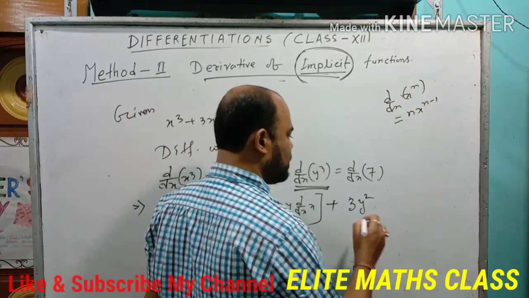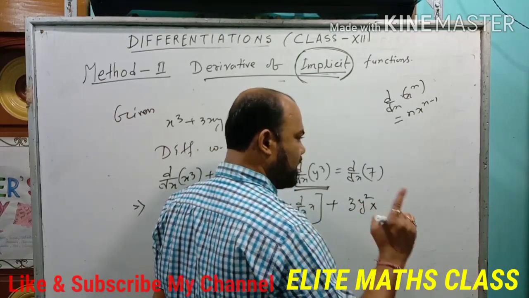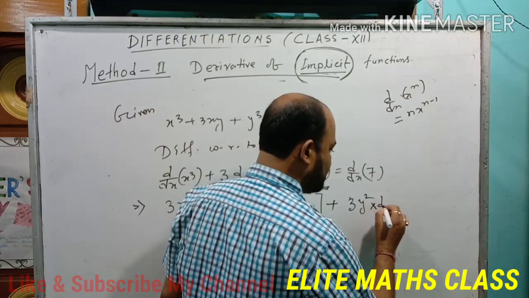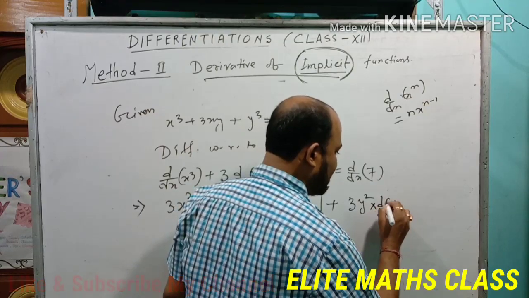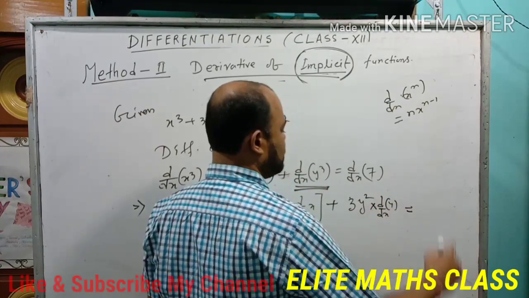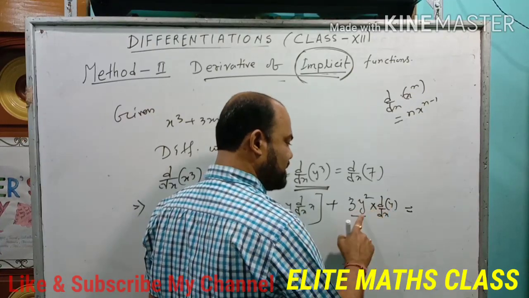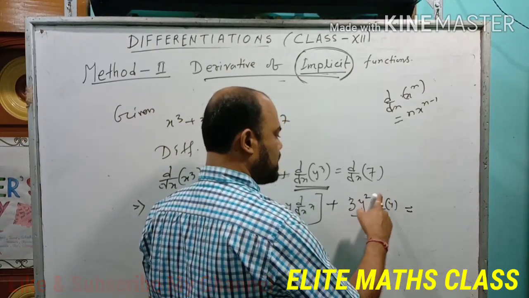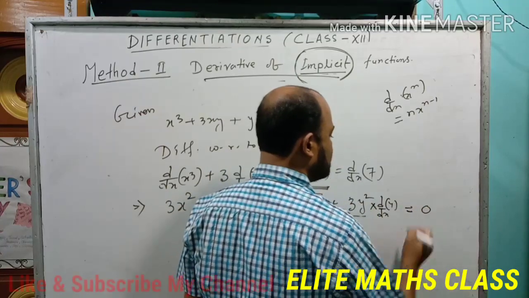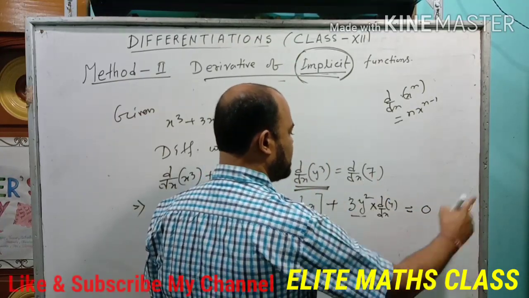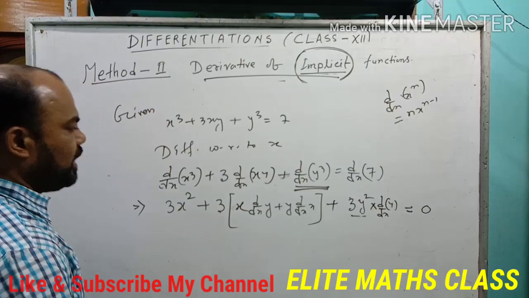Just remember the chain rule. In the chain rule, whatever we considered as x, we have to multiply the derivative of that function also. So into d/dx of y, the derivative of y, equal to 0, since 7 is a constant, derivative 0.